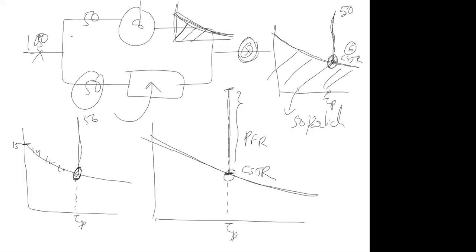I am interested in the shape of the RTD, so I am not writing the equations. You have to visualize what is happening in the CSTR and PFR. Then only can you draw these RTDs.